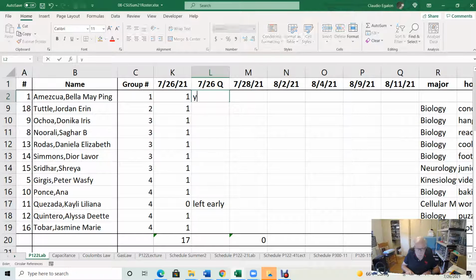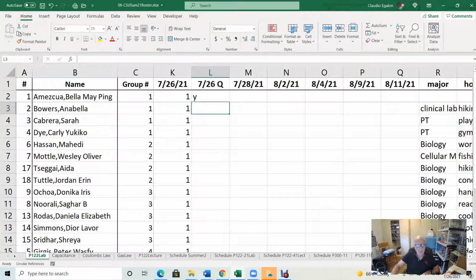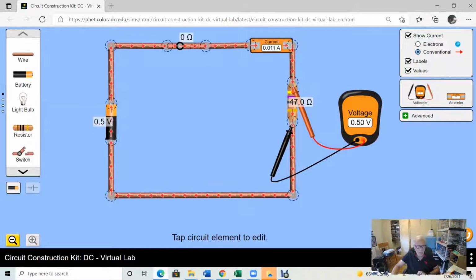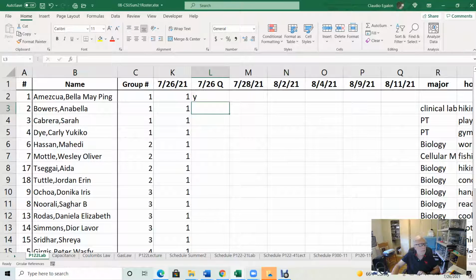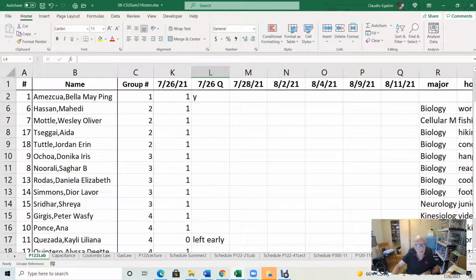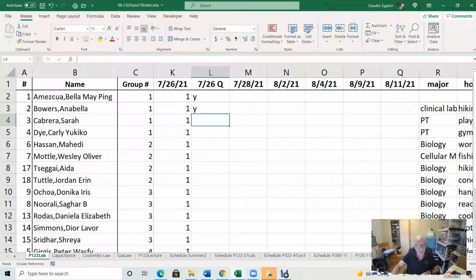Do you get to see the current moving there, Bella? Just like I showed to you all? Yes. Okay, good. So let's see who else. Annabella? Yes. Any problems with the simulation? Yeah, I can see. Okay. We have 17 students there. Sarah? I can see. Okay, no problem. Are you working there with your simulation, Carly? Yes.